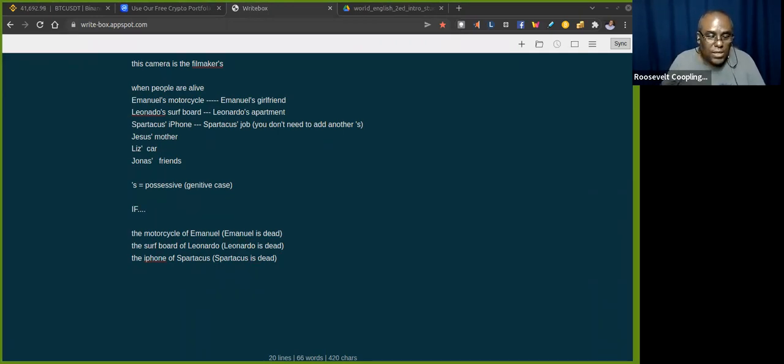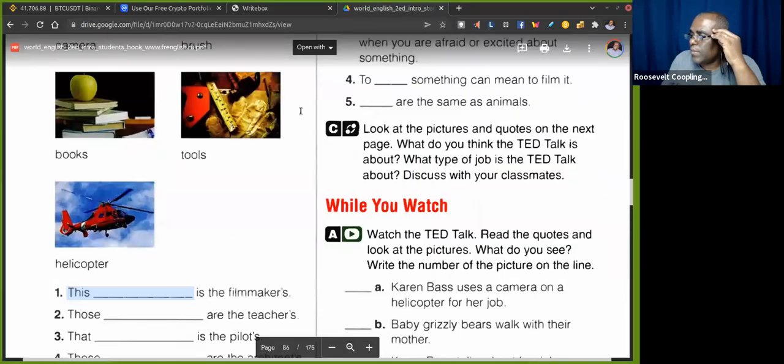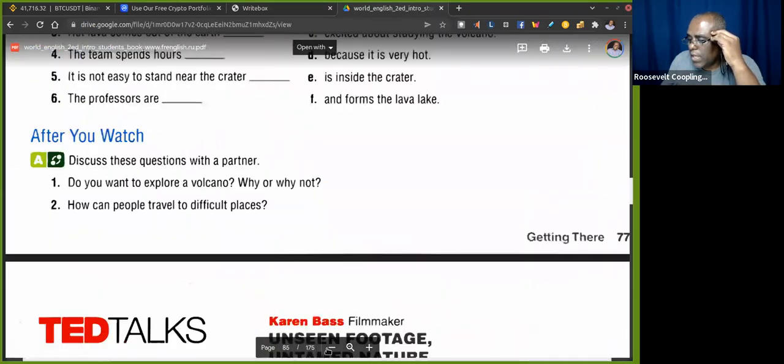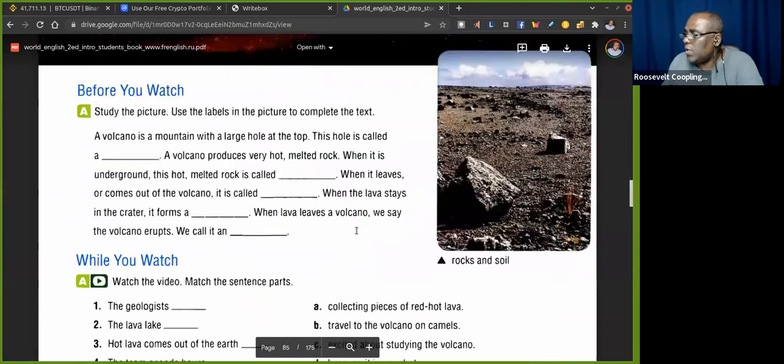Let me see here. That's okay. So let's take a look. So are we on the correct pages, people, or did I make a mistake? I think I made a mistake. Wasn't it the pages we were supposed to do, page 69? Let's take a look.